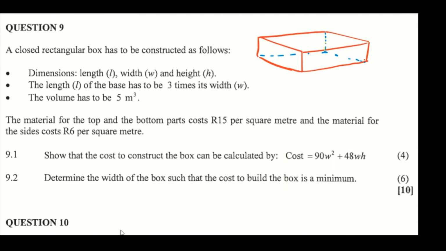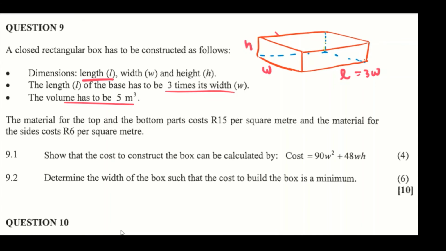The dimensions of the box: the length is L, so this would be the length because it's the longest side. The width would be this one here, and the height would be this one here. The length of the base has to be 3 times the width, so L is equal to 3 times the width. Cool. And the volume is equal to 5 cubic meters. So the material for the top and bottom parts costs 15 rand.